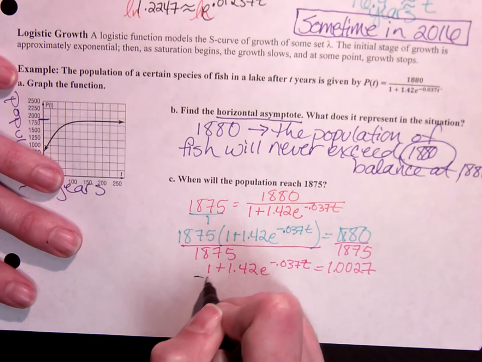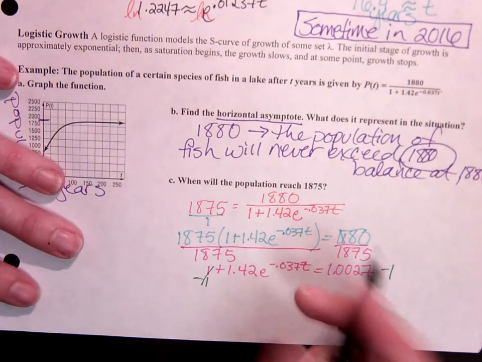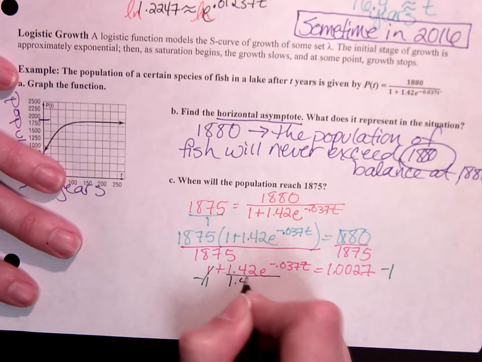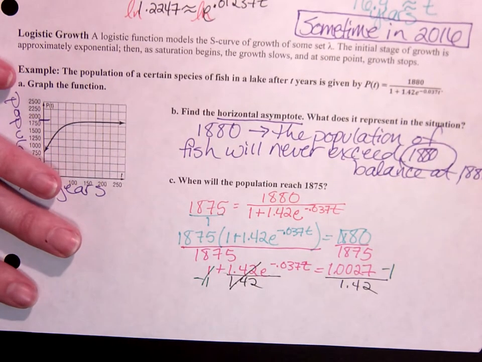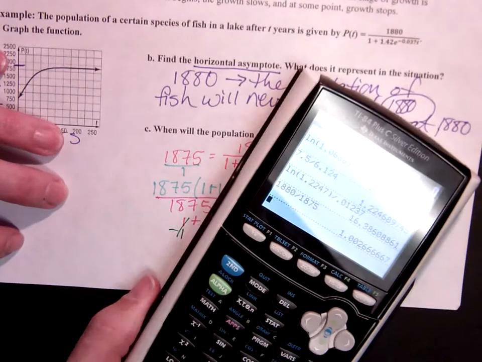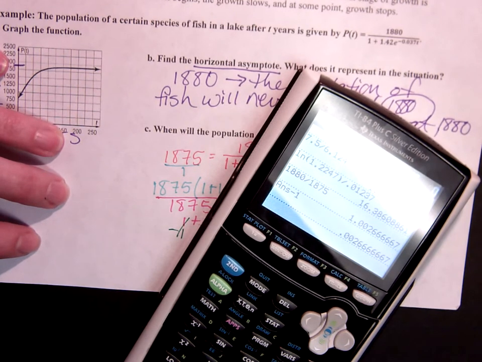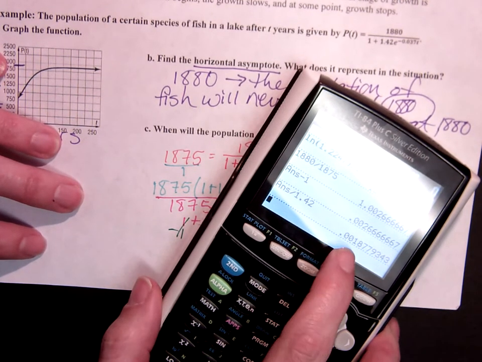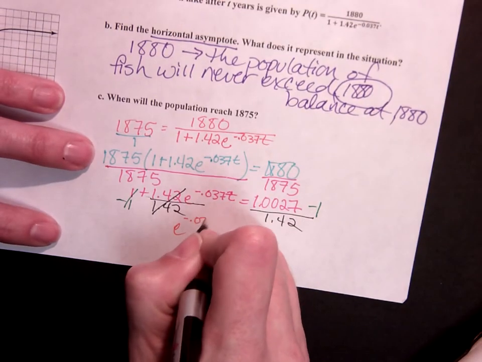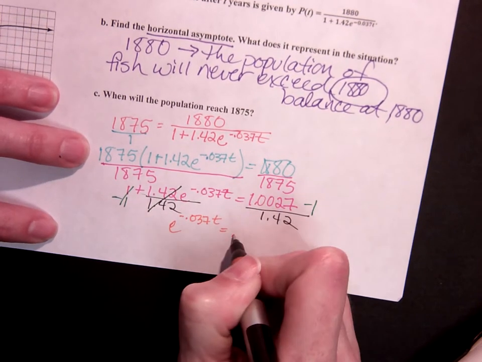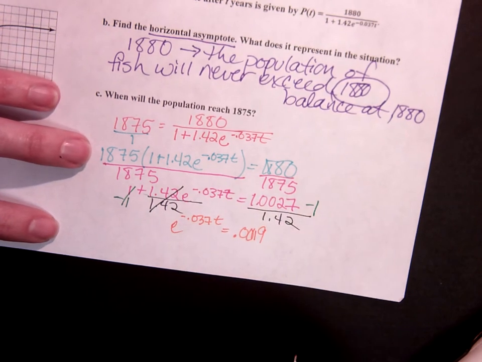So we're going to take 1 away, right? And then we're going to divide by the 1.42, right? So let's do all of that at once. Minus 1, divide by 1.42, 0.019. So e to the negative 0.037 t equals 0.0019.